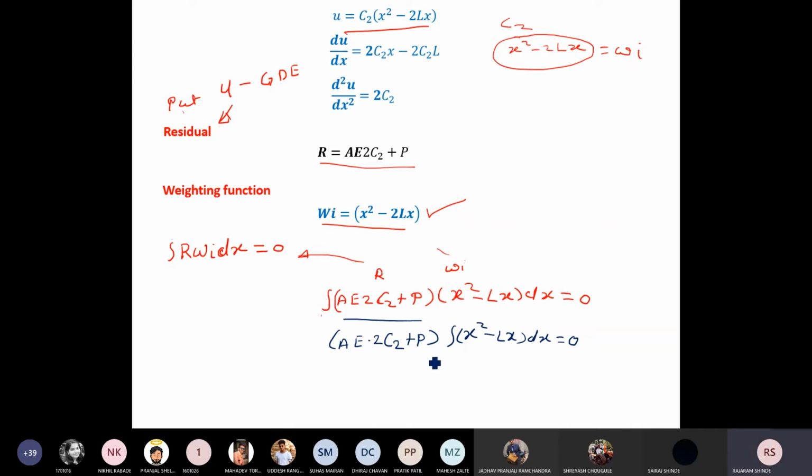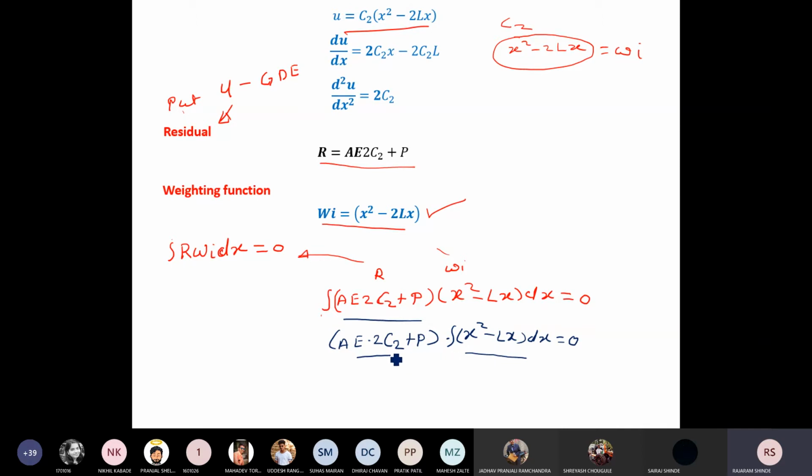Now, out of these two terms, one term should be 0. Why? Because it is a product of two terms. This is the first term and this is the second term. When we make the second term 0, you will not get the solution to the problem.